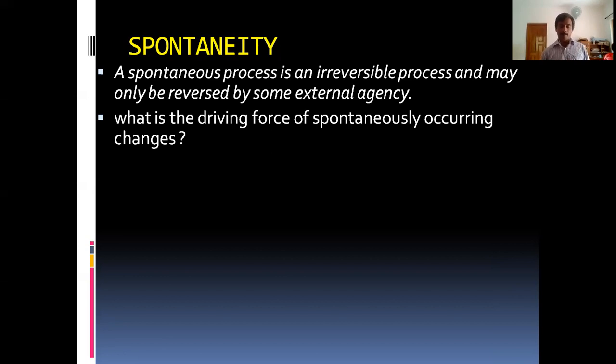Burning of paper is a spontaneous process which needs initiation. But rusting of iron is a spontaneous process which does not need initiation. Evaporation of water in an open vessel is also a spontaneous process which does not need any initiation. So there are two types of spontaneous process.